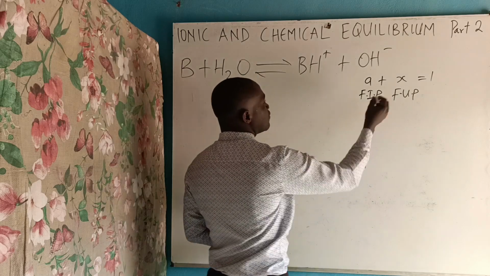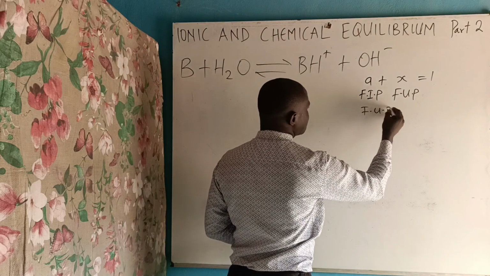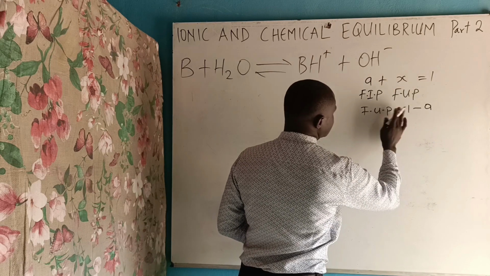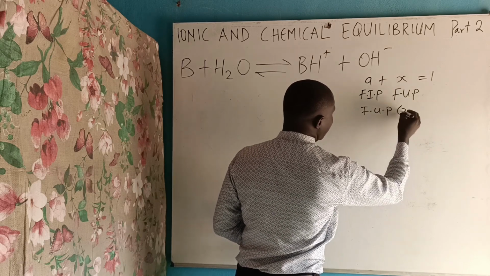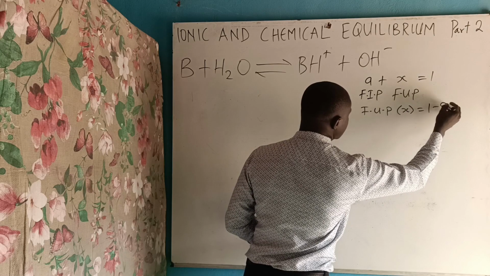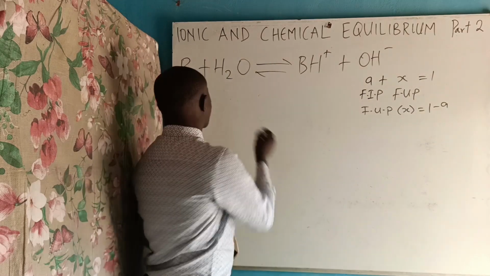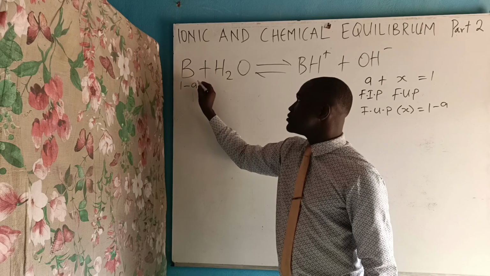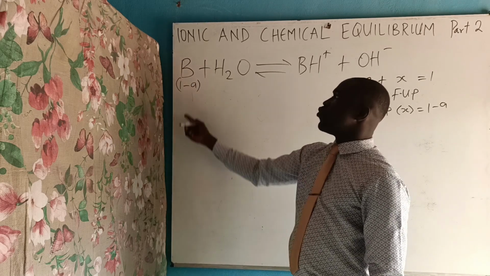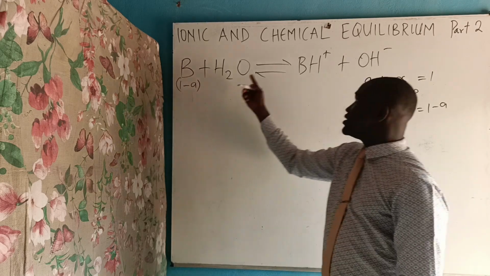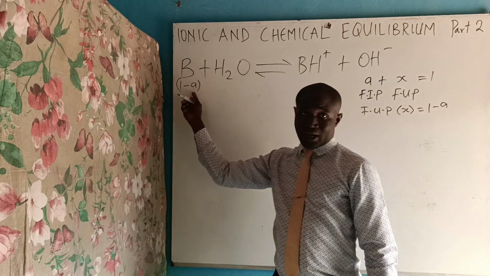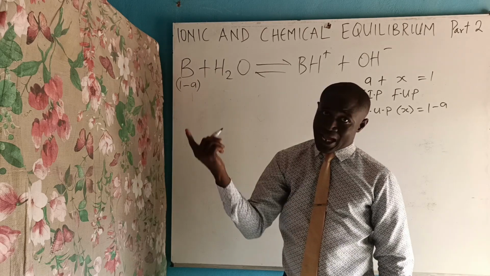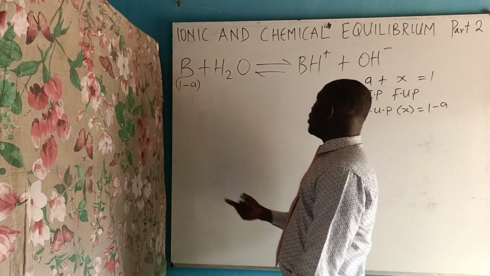That means the fraction of the unionized part, X, is equal to 1 minus A. Whatever remains, what didn't ionize, is called the unionized part, because a weak base ionizes only partially. Are you getting it?